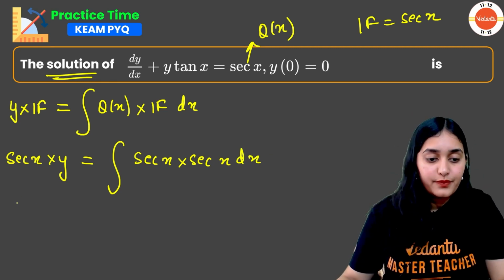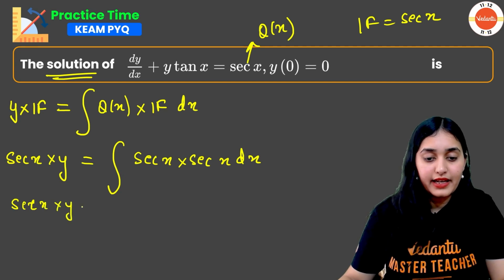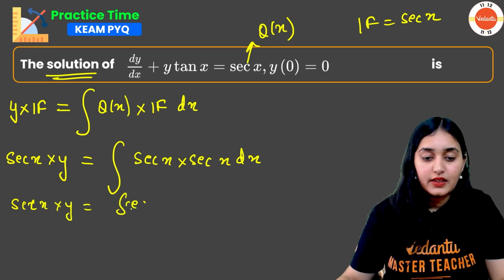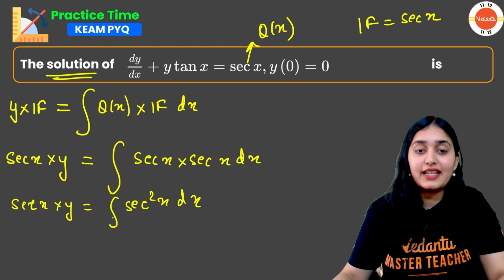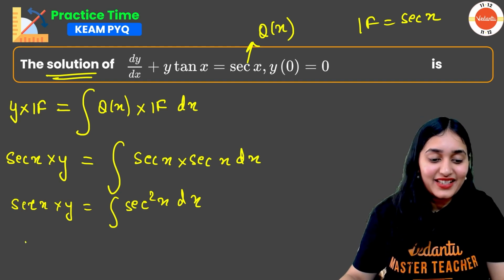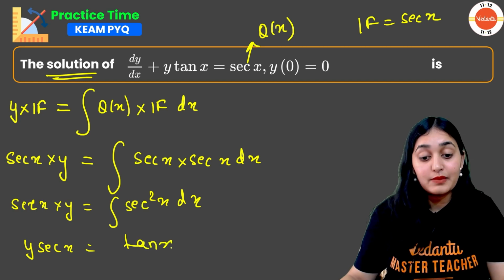Okay. Now sec x into y is integration of secant square x with respect to dx. What is the integration of secant square x? It is tan x. Okay. So this is y into sec x is equal to tan x plus c.